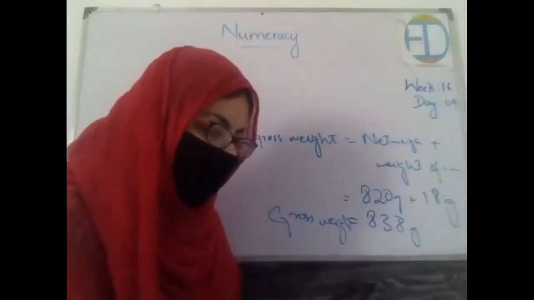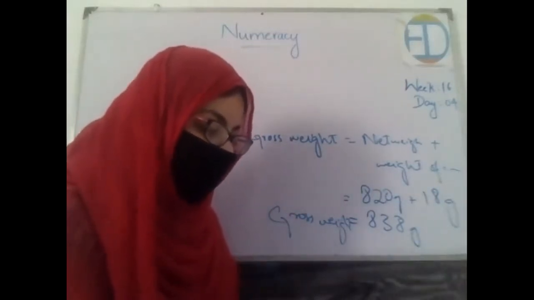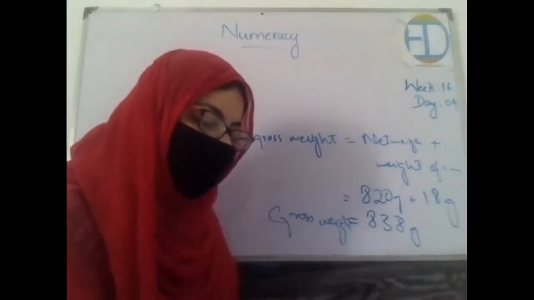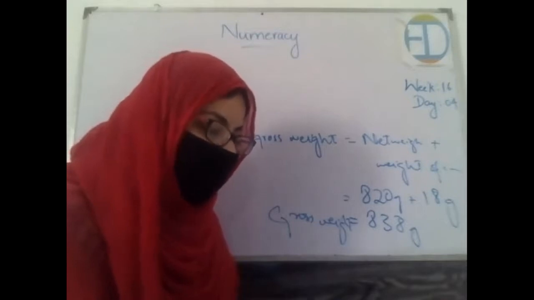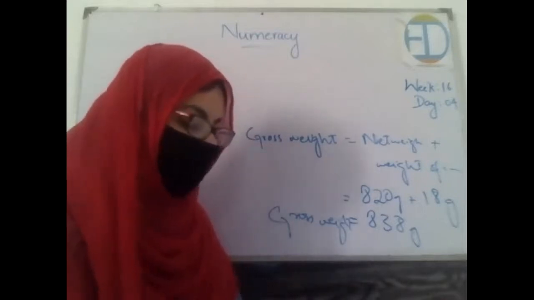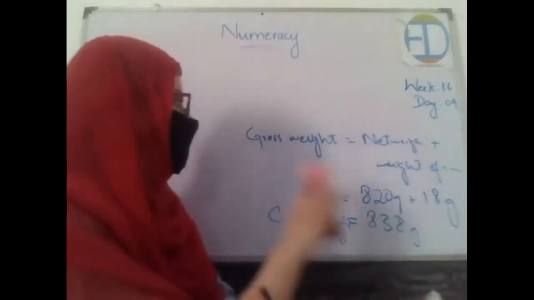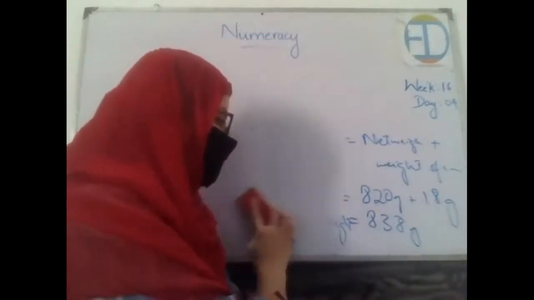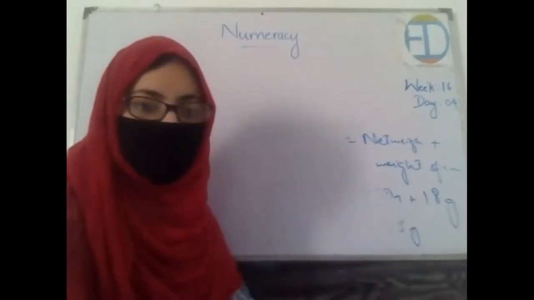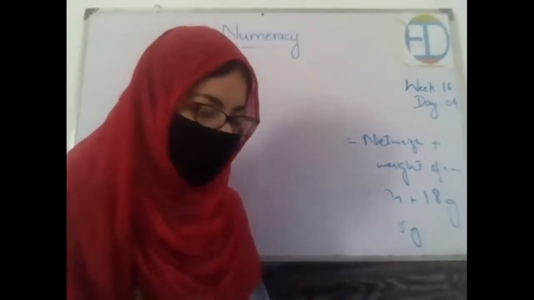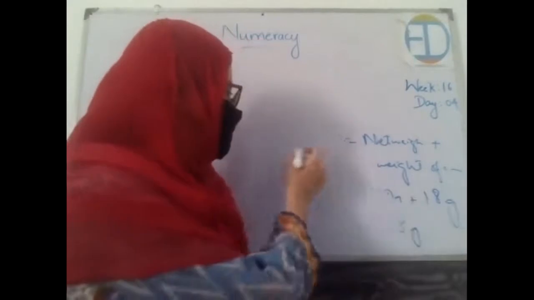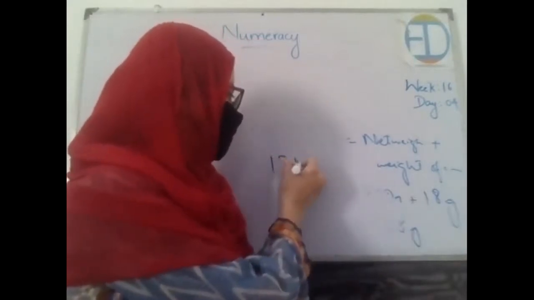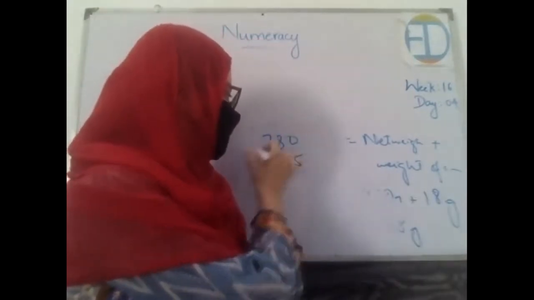Let's look at the next question. Find the difference between the net weights of baked beans and carrots. Baked beans are 125 gram and carrots are 780. In order to find the difference, we will subtract 125 from 780.